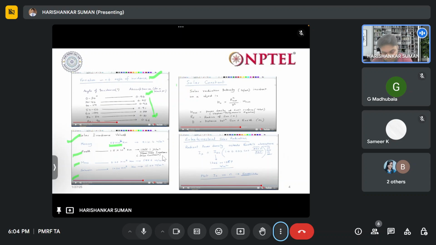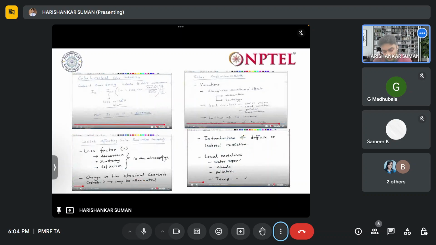And the solar constant, we know this is the formula. Please also see this expression for radiant power density outside the earth. We will solve the question on this concept in the next slides, but first let's see what the sir has taught in class, one by one.